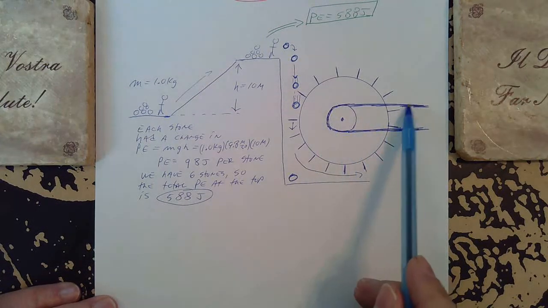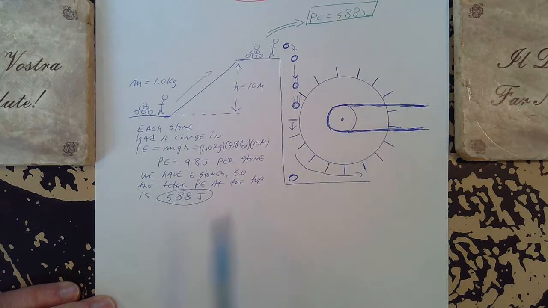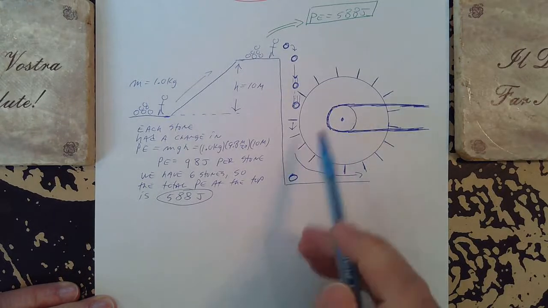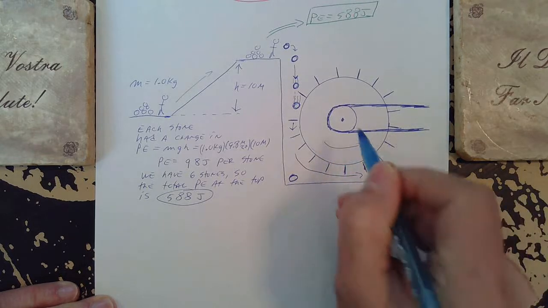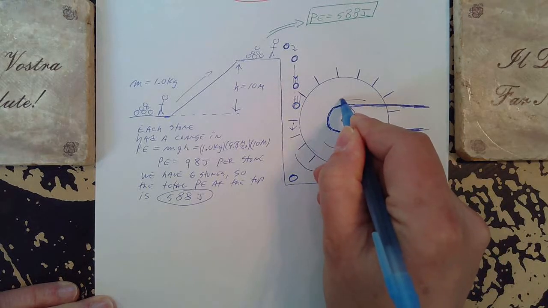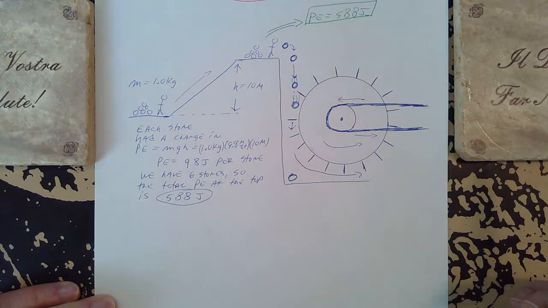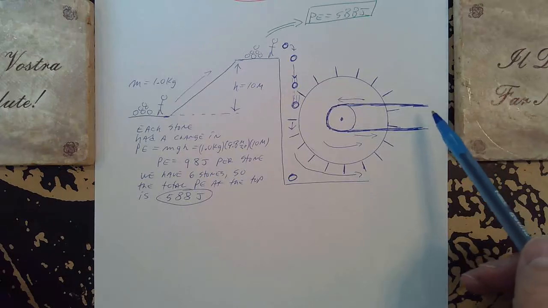Now, what if I attach a belt to this wheel on the inside shaft or axle? So now when the wheel spins, if it spins in this direction, the belt will go that way. On the other end of this belt, I could attach it to another system to do something for me.